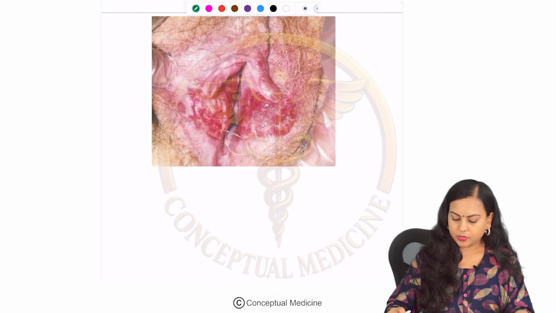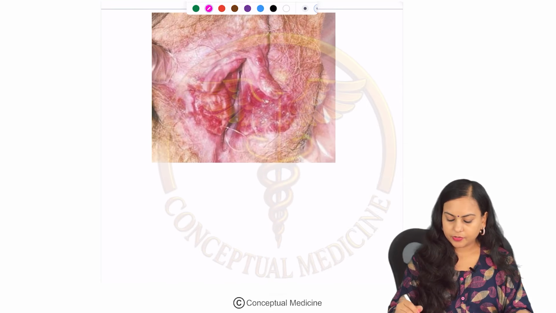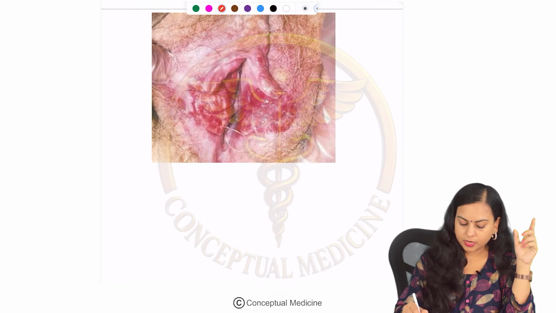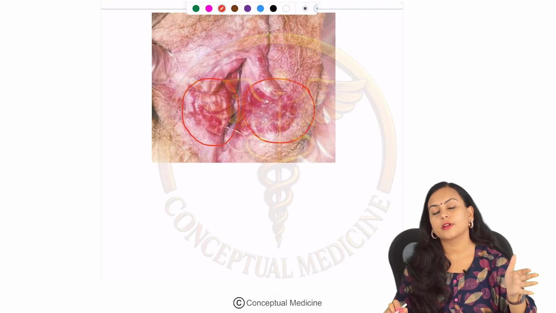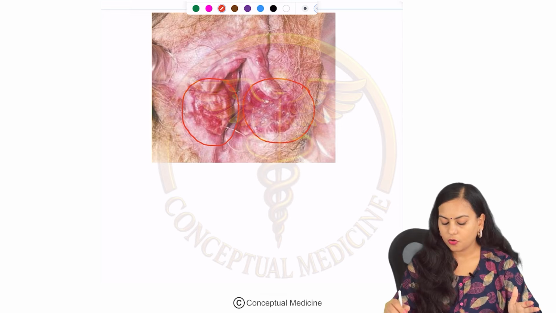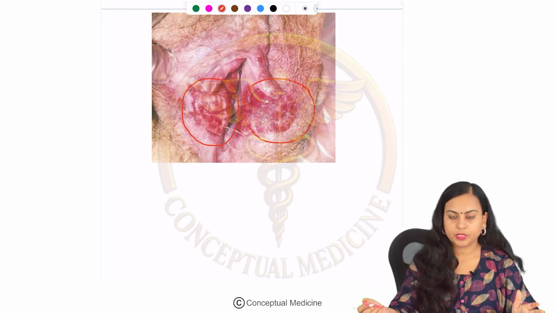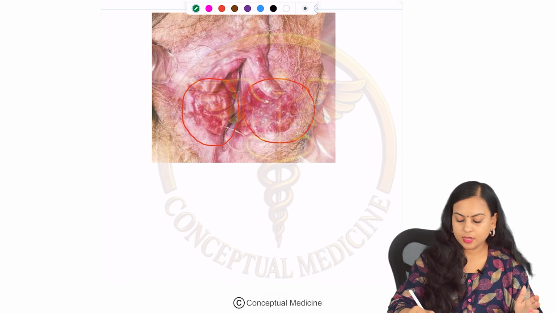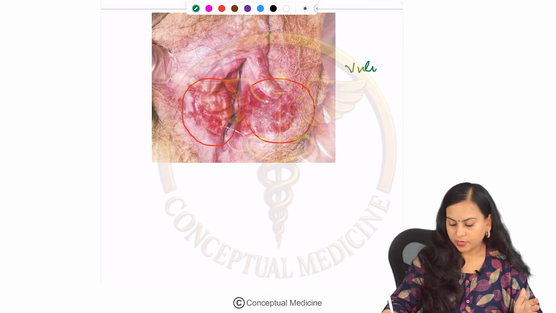Now see this lesion. What are you able to see? You are able to see a somewhat ulcerated and reddish raised lesion on either side of the labia. So what do you think this is going to be? Yes, this is a case of vulval carcinoma.